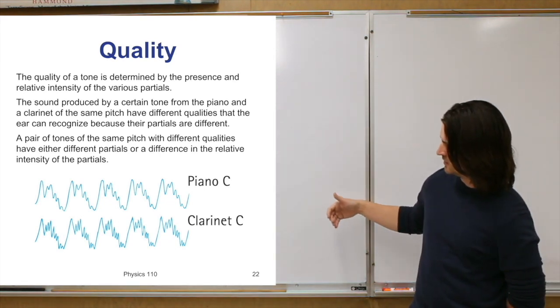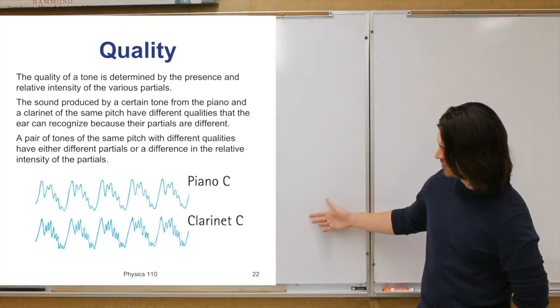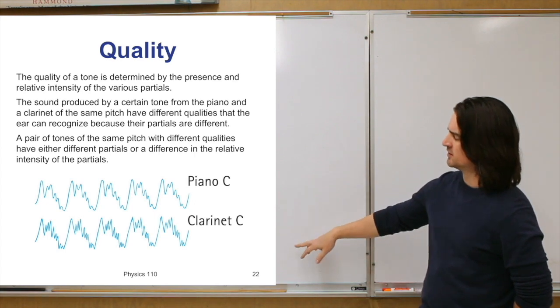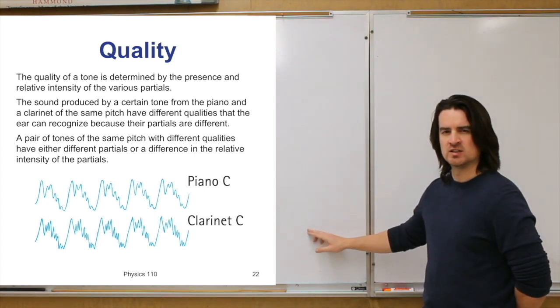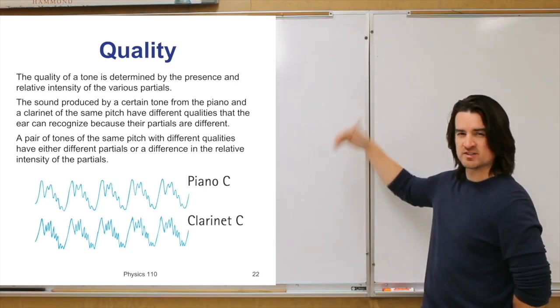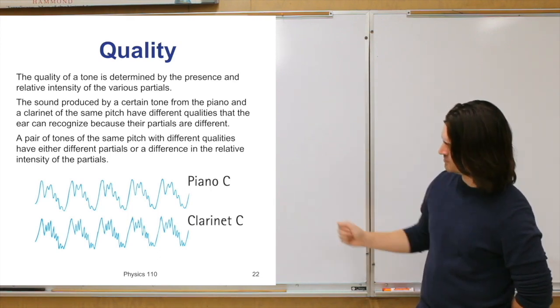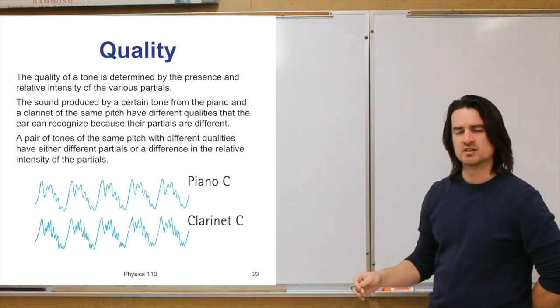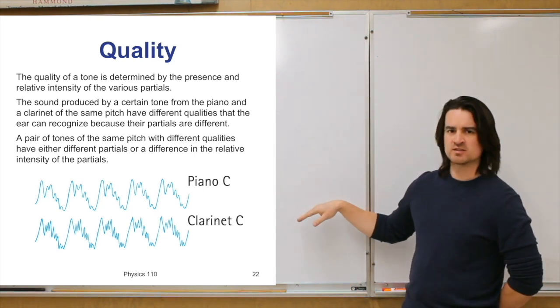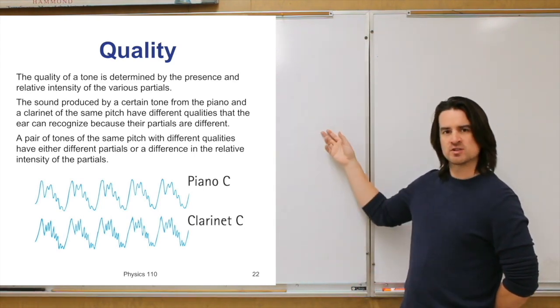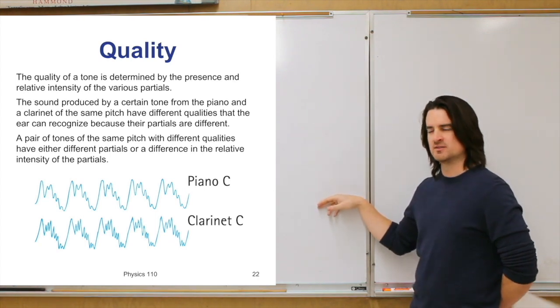But the clarinet, for one, looks like it may have more higher frequencies, higher harmonics on top of that frequency. And it's mostly probably just that. In that last slide, we have a picture where there's the first harmonic and the third harmonic overlapping.